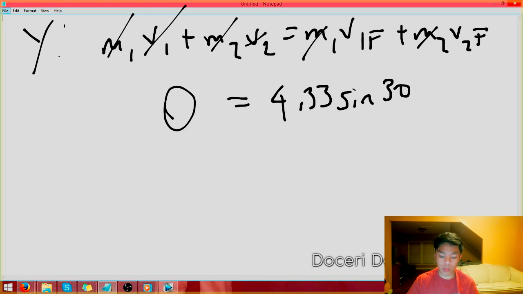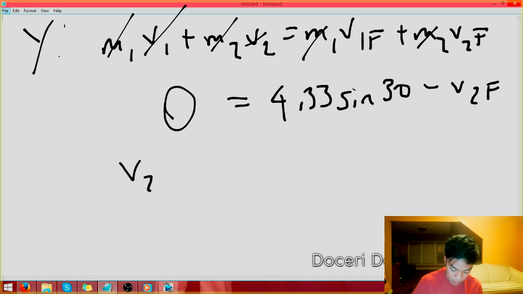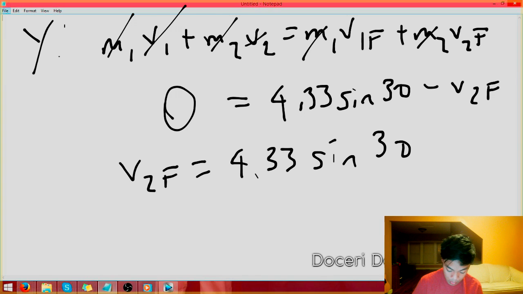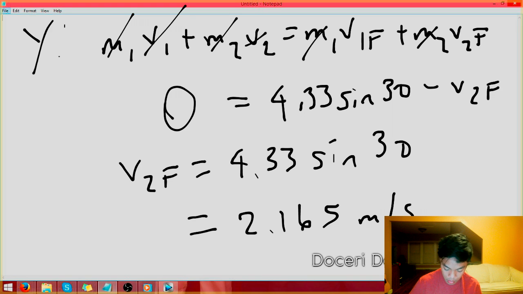And v2 final is moving in the opposite direction, so it's minus v2 final. So we're going to solve for v2 final. Let's move it to the left side. v2 final equals 4.33 sine 30 degrees. That comes out to 2.165 meters per second. That's in the y direction.